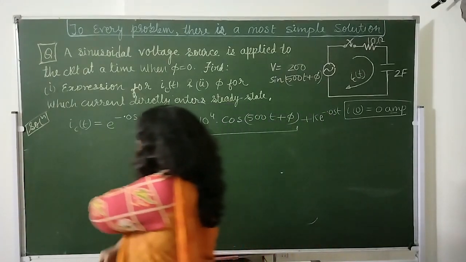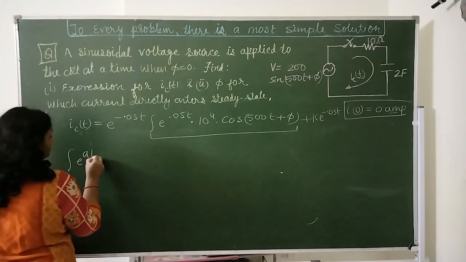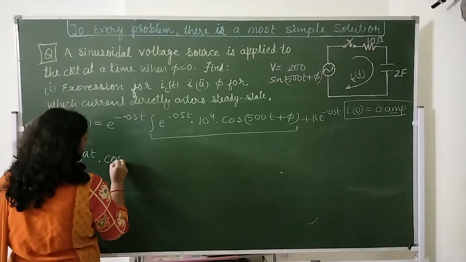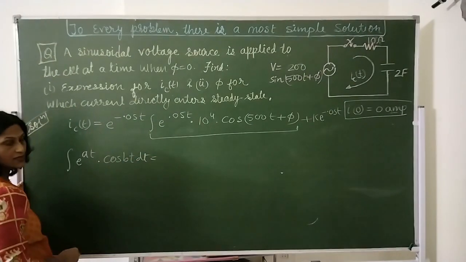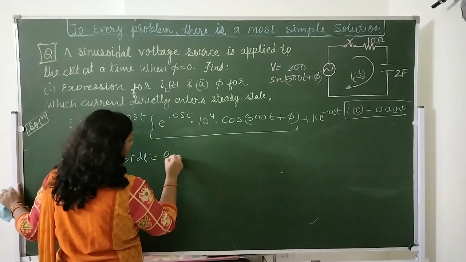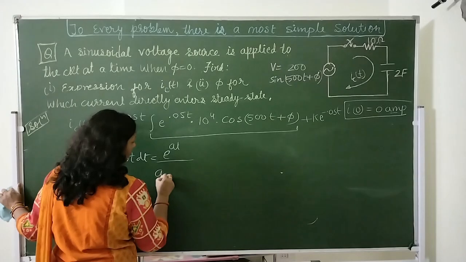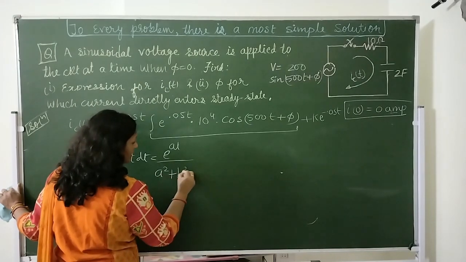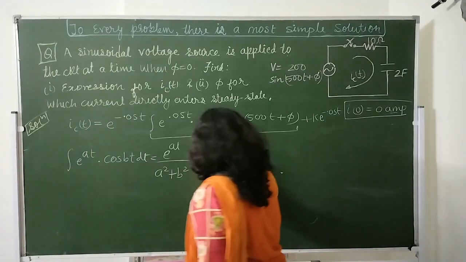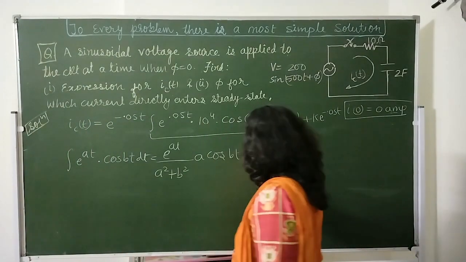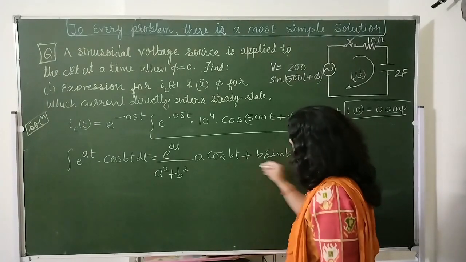Integration of e to the power at into cos bt with respect to t is equal to e to the power at divided by a squared plus b squared, times (a cos bt plus b sin bt).